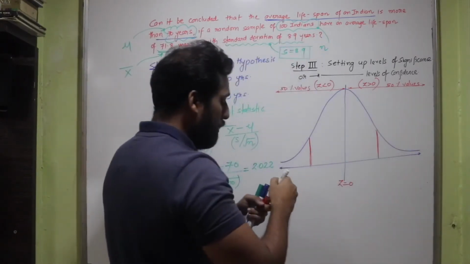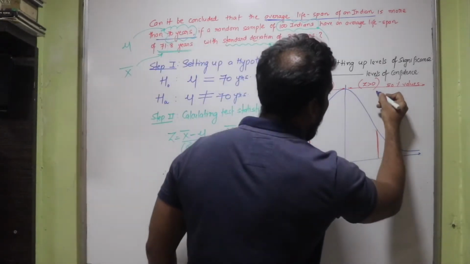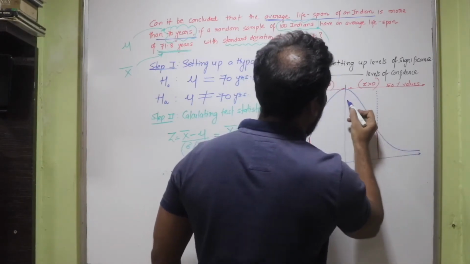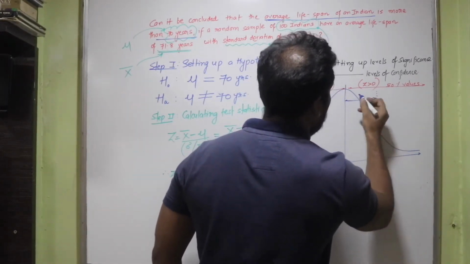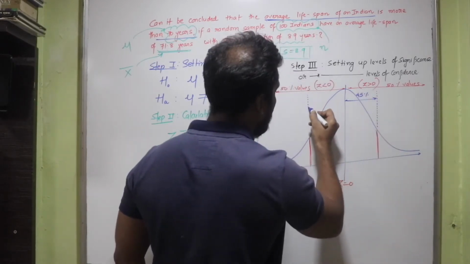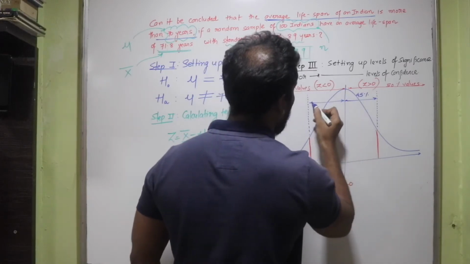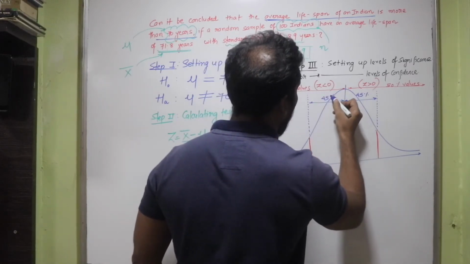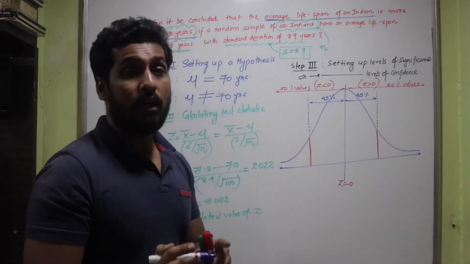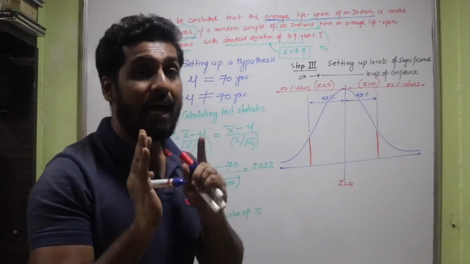The part starting from Z equal to 0 up to the line that I've drawn contributes towards 45% of values, and again from Z equal to 0 to the left side contributes another 45% of values. That means within this region, 90% of values are lying.